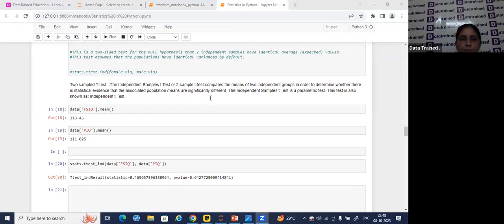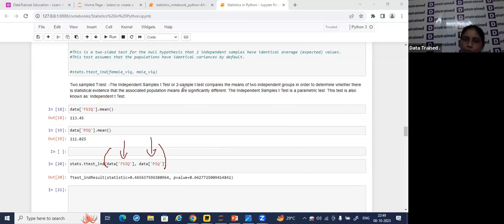Now there's another case. Suppose I am taking two columns. I'm taking the FSIQ column as well as the PIQ column here. I'm taking both. Now I want to find out the mean value. I'm saying that the mean value of FSIQ is identical to PIQ.